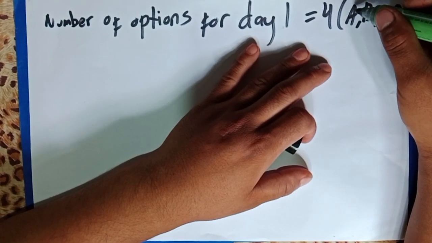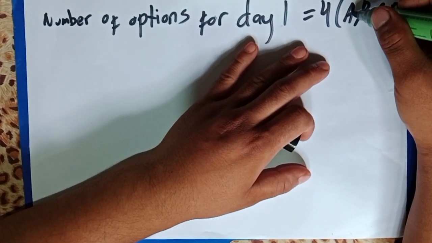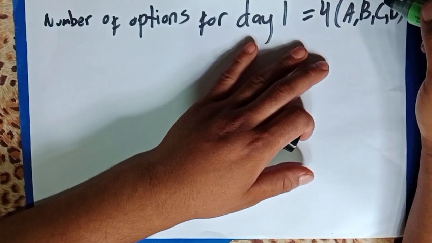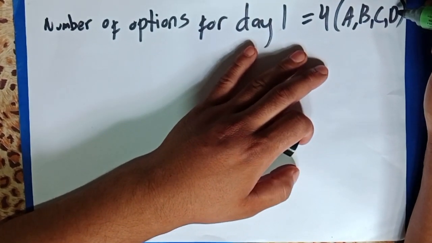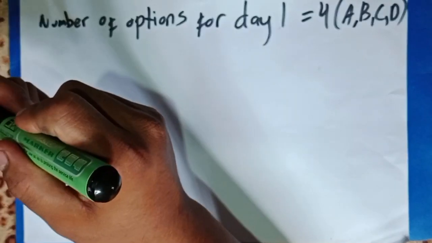I let A be for day 1, B for day 2, C for day 3, and D for day 4.